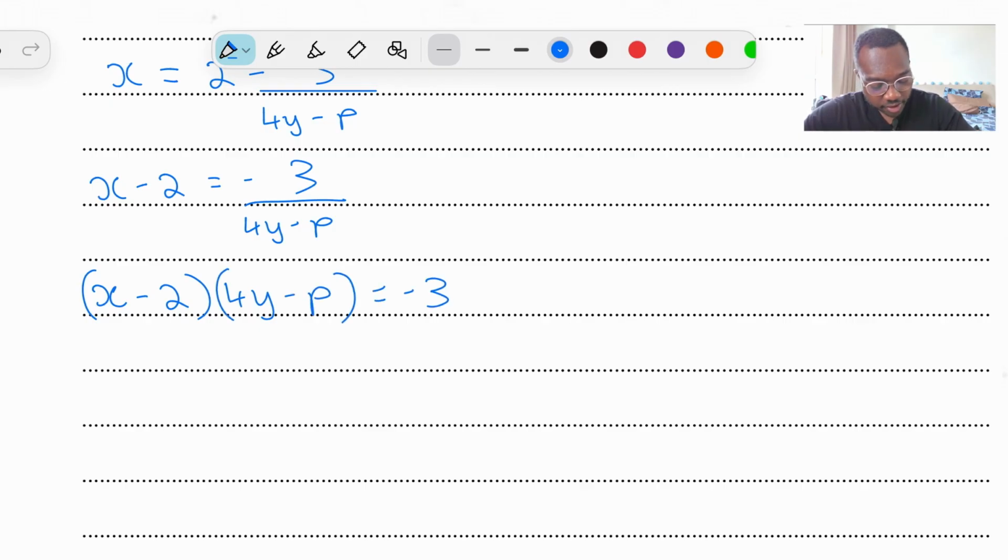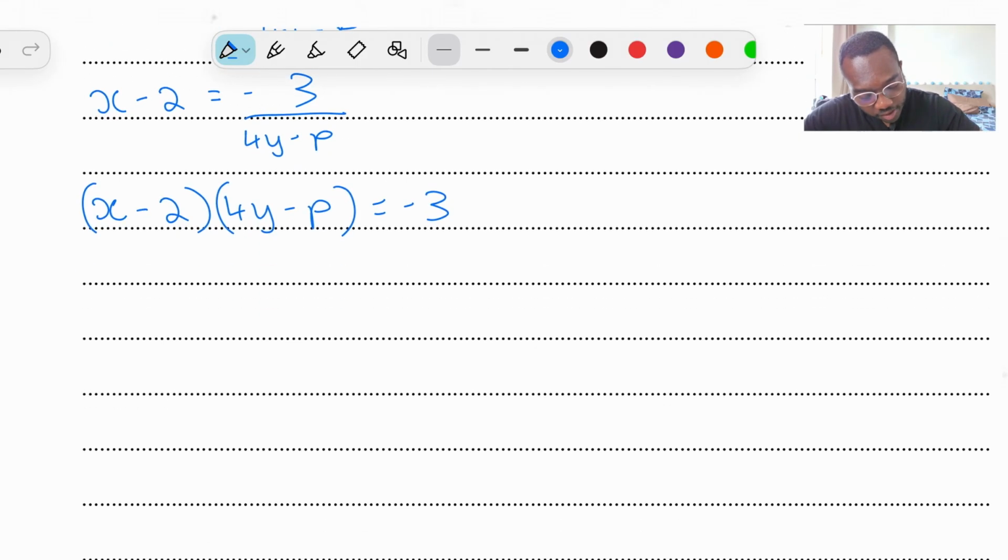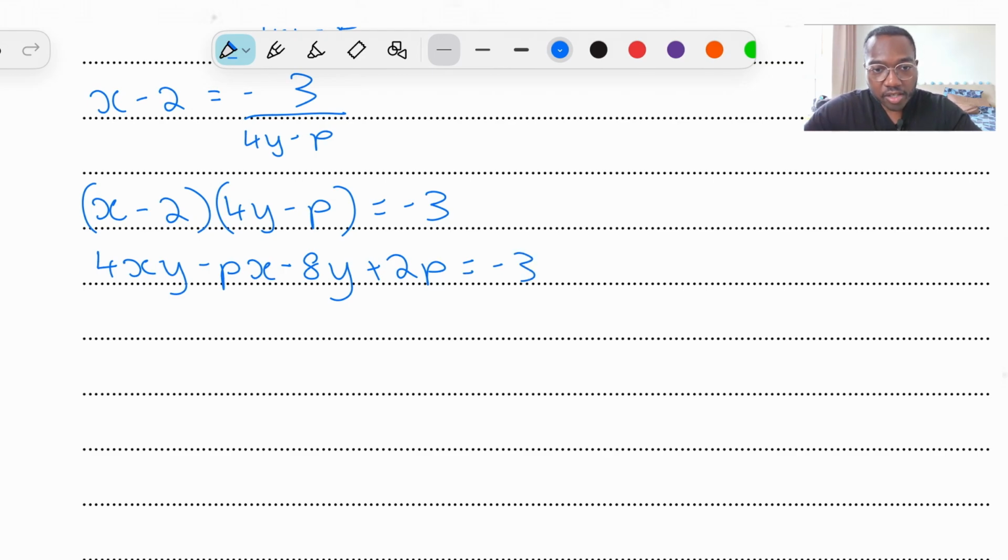So we get (x minus 2), and that's times (4y minus p), and that is equal to minus 3, okay? And now if we multiply this out, we get 4xy minus px minus 8y plus 2p, and that is equal to minus 3.